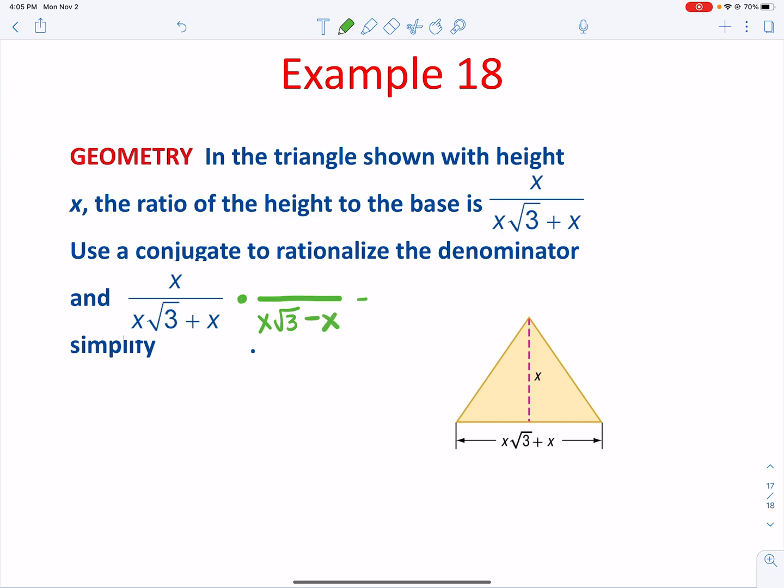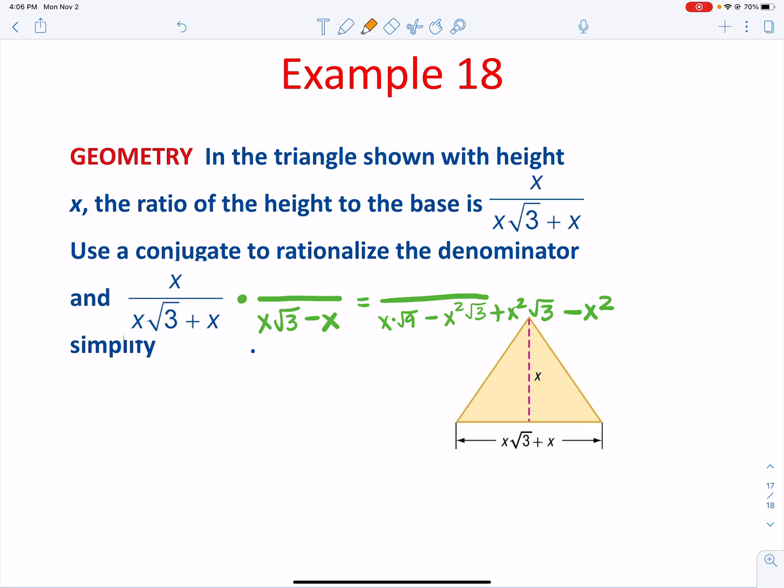Because if I do that, if I FOIL that bottom, I would end up with x times root 9, which becomes 3, minus x squared root 3, plus x squared root 3, minus x squared.